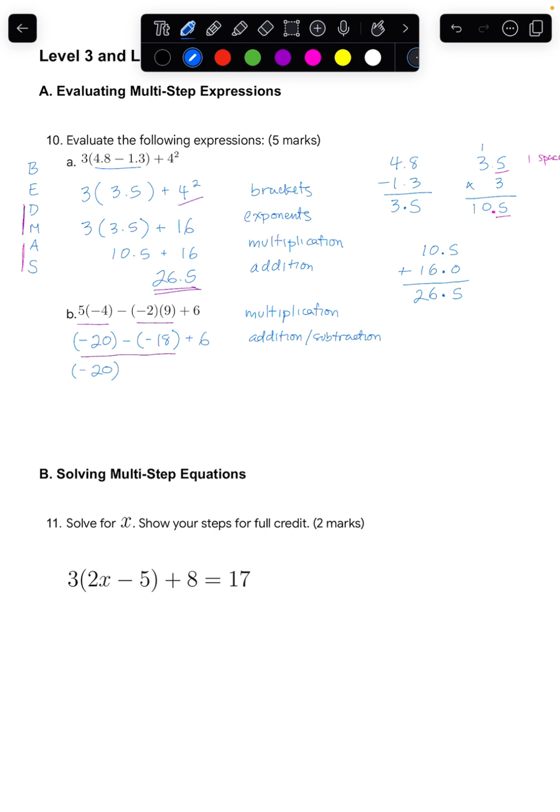Minus a negative number is like adding. And so we have negative 20 plus 18 plus 6. Well, that negative 20 plus 18 gives us negative 2, plus 6 still. And then negative 2 plus 6 leaves us with positive 4. And our final answer is 4.